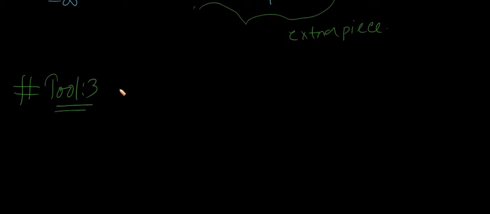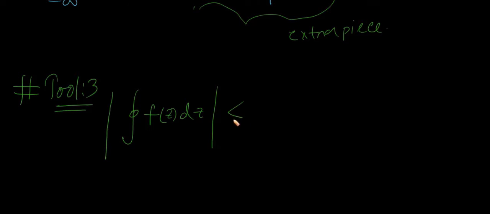This tool says that if you have a contour integral, or any kind of integral like this, of f of z dz, and on that contour, the modulus of this whole thing is less than or equal to M times the path length.